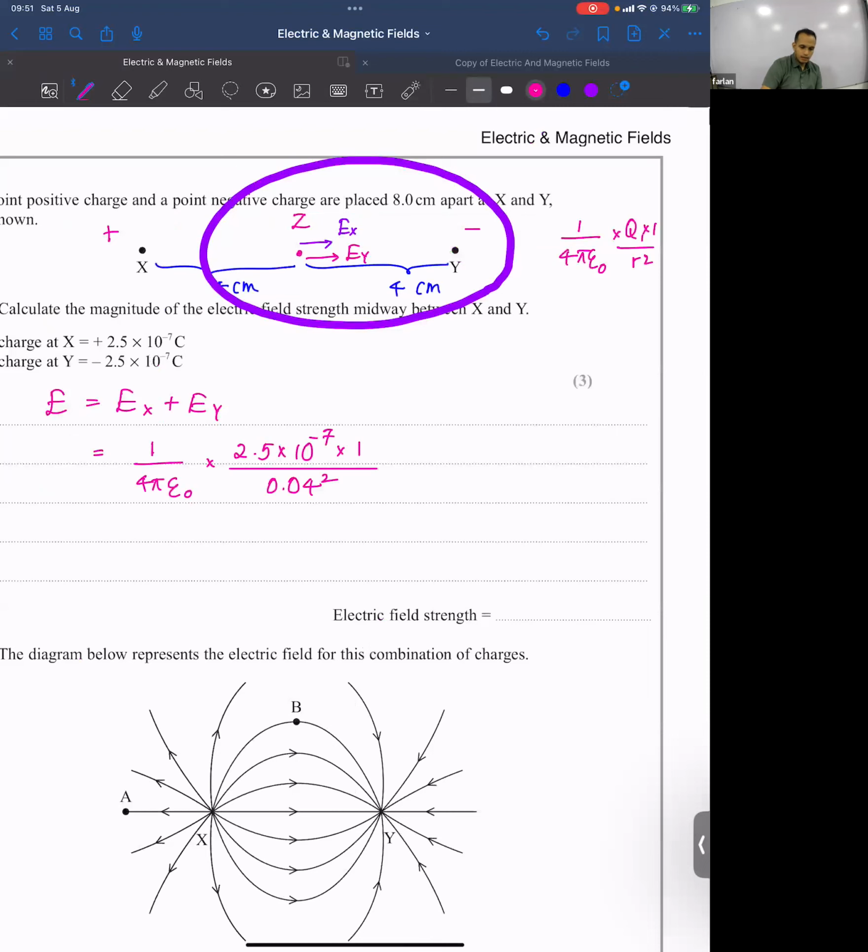That plus again 1/4 pi epsilon naught, again 2.5 into 10 to the power minus 7, because Y has the same charge, into 1 over R square, which is again 0.04 square, because the distance between Z and Y is also 4 centimeters.